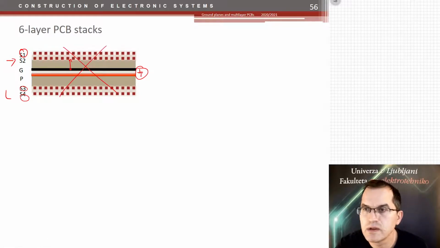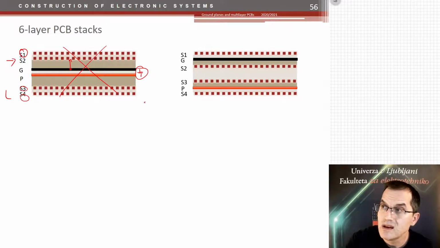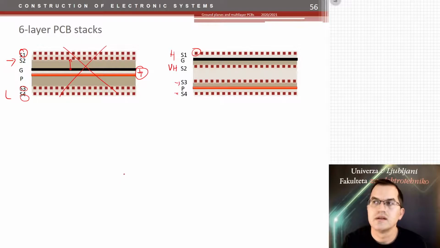Well, let me go further. What about that one? Well, that one has another problem, as you might see. The high frequency signals would go here, which is quite okay. But maybe that one, layer 2, would be fine even for very high frequency signals, because it's shielded within the shield, right? But these 2 are just normal layers for low speed signals.